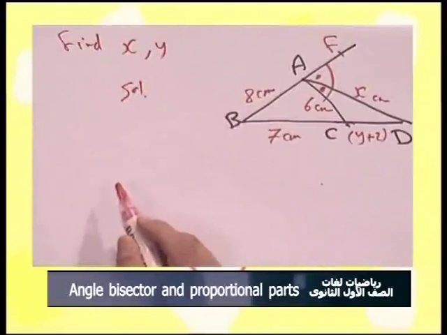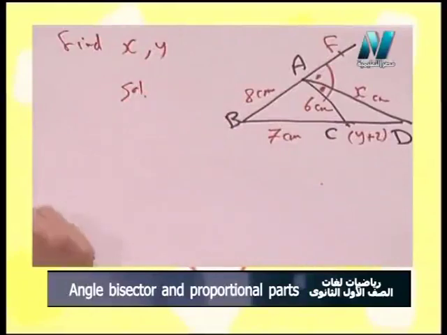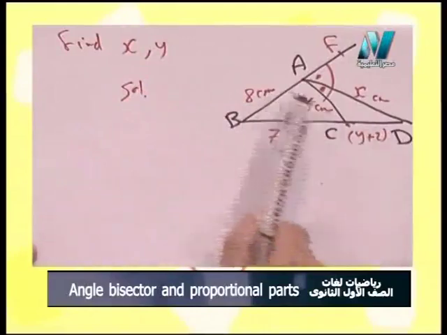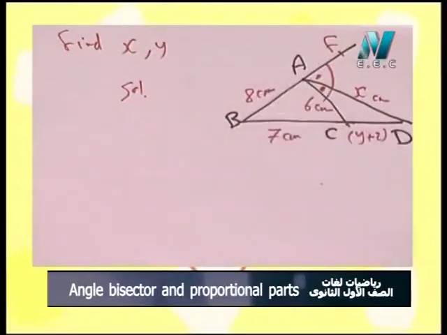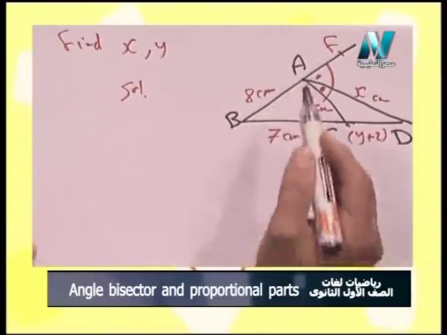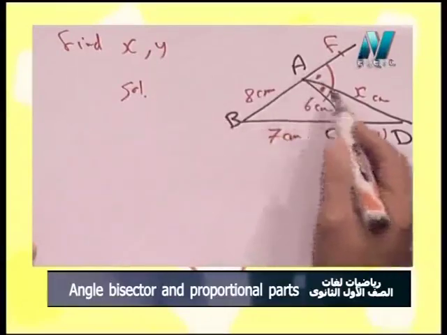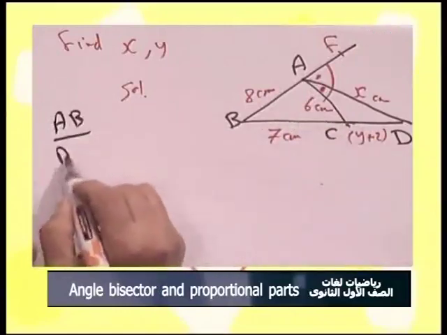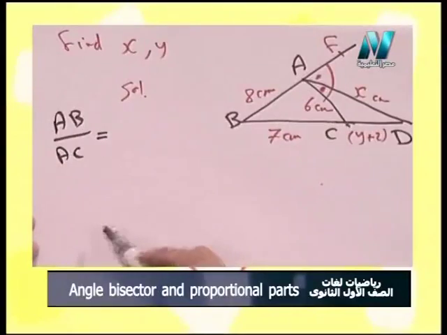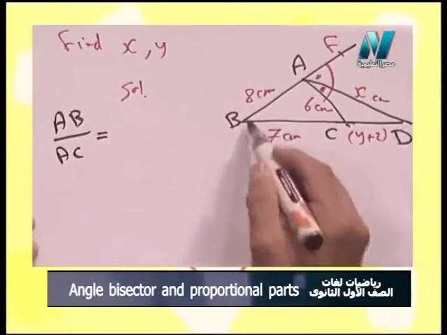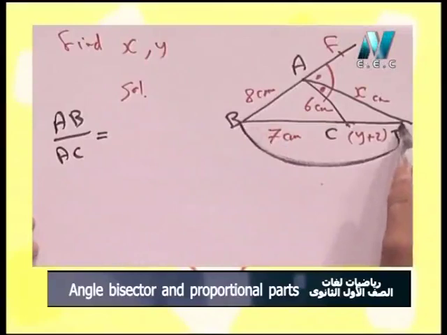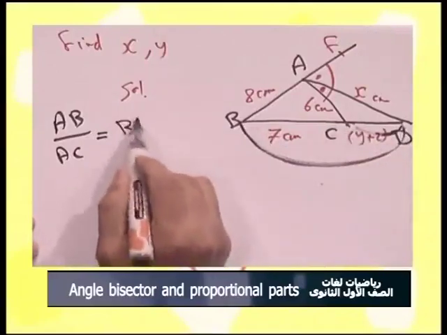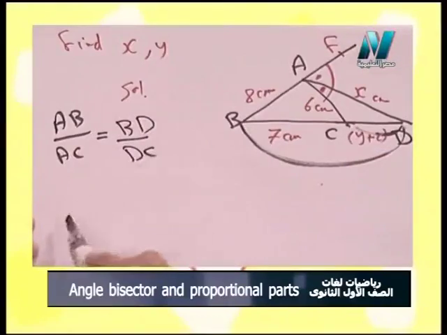Our solution: we have here the exterior line, which is AD, and we know the rule. If we have an exterior bisector, then we will divide AB by AC, AB over AC equals BD, look carefully, BD over DC.